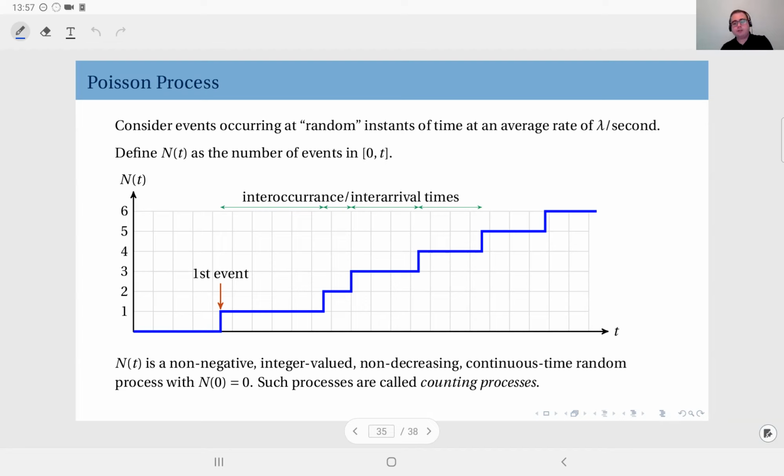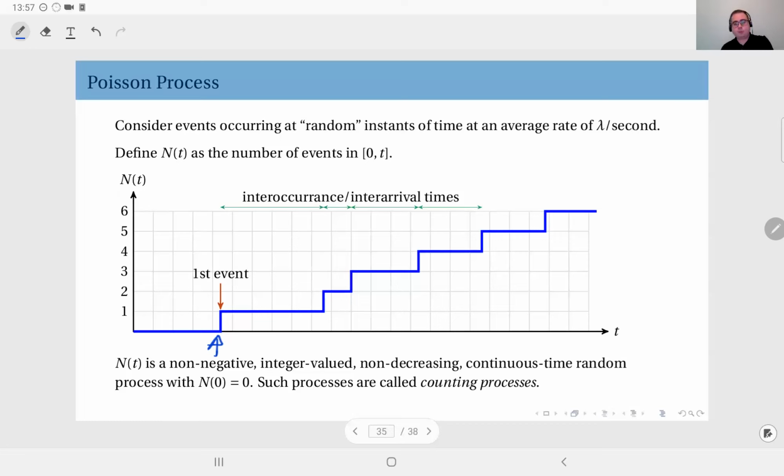Now we will define the random process N(t) as the number of events in the interval 0 up to t. So essentially, as the time rolls on, you are counting the number of events. Here is a sample run of this process. You see, this is the first occurrence here. So up to this point, the random process N(t) is 0. At this point, you have a jump.